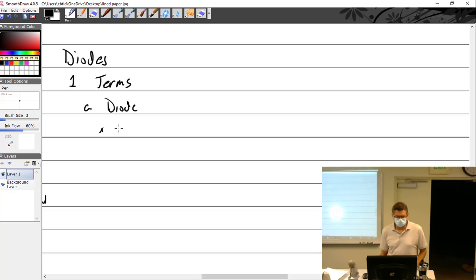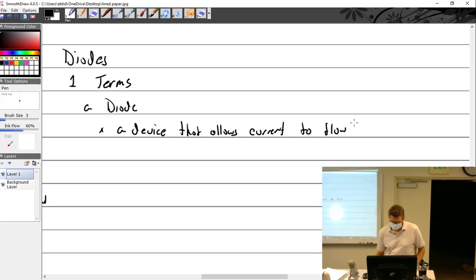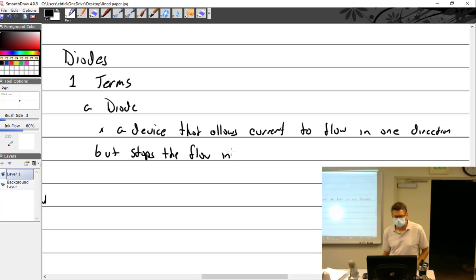The diode is a device that allows current to flow in one direction but stops the flow in the opposite direction, sort of, because there are different types, but that's the main type. Like a check valve. I'll put sort of.